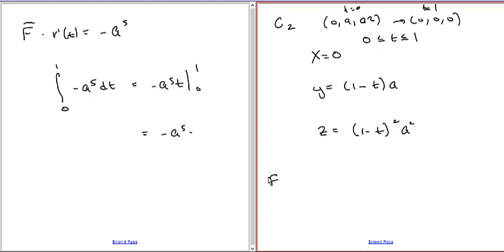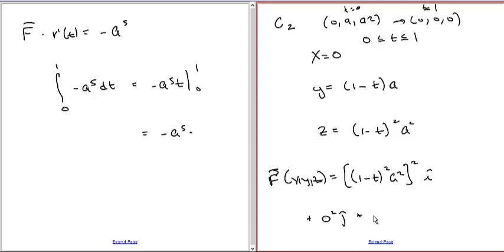So our field vector, so we've got z squared, so it's 1 minus t squared, a squared, squared times i plus x squared j, x is 0, so you get 0 squared j, plus y squared k, so you get 1 minus t a quantity squared times k.